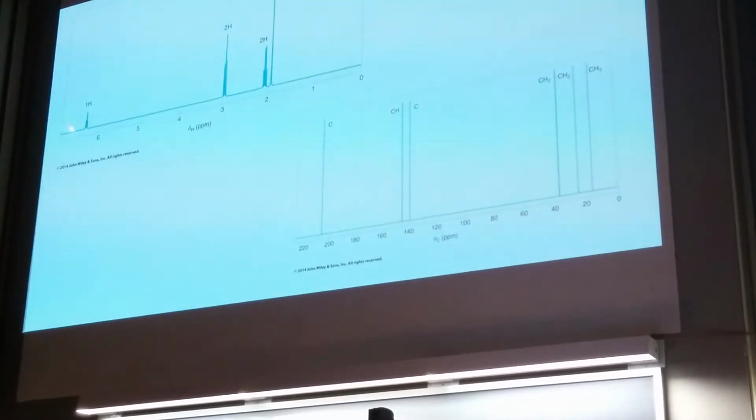Up above 6, it's kind of around 6.3, 6.4-ish, there's a 1 proton triplet. Where do we typically see things coming into resonance, in that 4.5 to 6.5 neighborhood? What does our generic chemical shift information suggest that proton might be attached to?